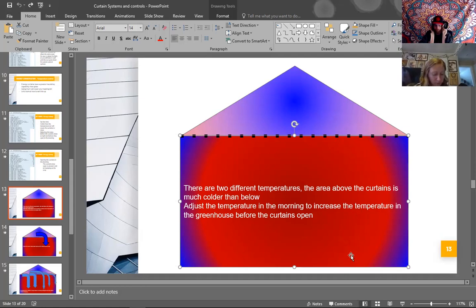So we're always going to get a buildup of heat down here, and it makes its way up through the greenhouse and cools off as it goes and out. So when the lights are on and the curtains are covered, that total opposite is happening. We're going to get heat from above. Our greenhouse temperature isn't going to change, right? Our sensors are still going to be in the greenhouse and say, oh, it's warm up in here.